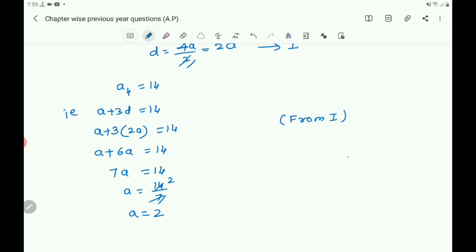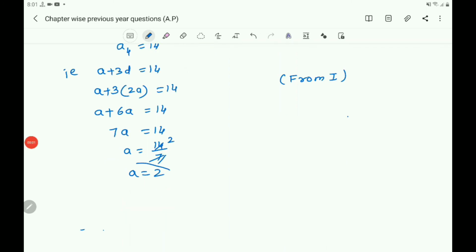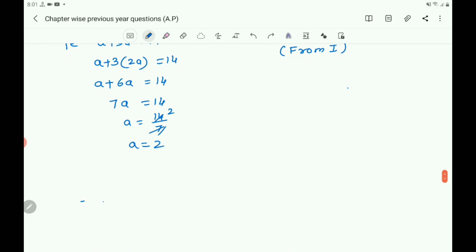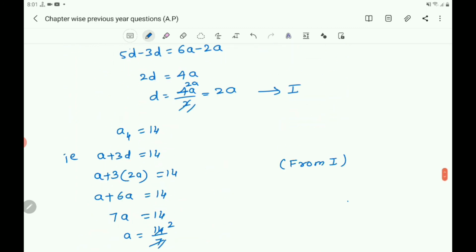Here you got the value of A, and by using this value of A, get the value of D. D is equal to 2A. So D is equal to 2A, that equals 2 into 2 equals 4. You got A is equal to 2 and D is equal to 4.